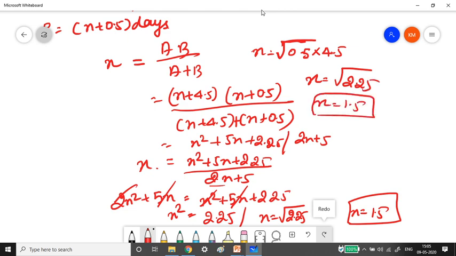So this is how the formula looks: X is equal to the square root of AB, where AB is nothing but the excess days over X, which are 4.5 and 0.5. This is how this formula arises.